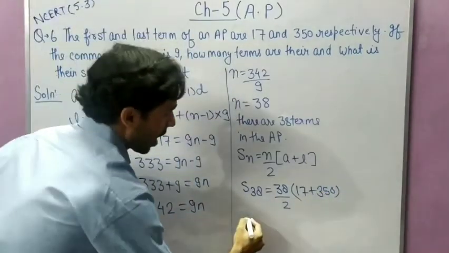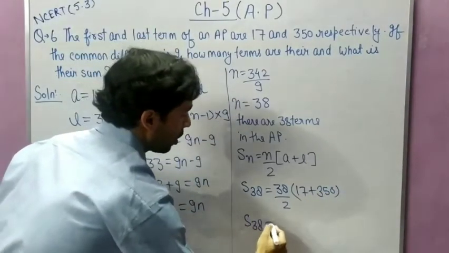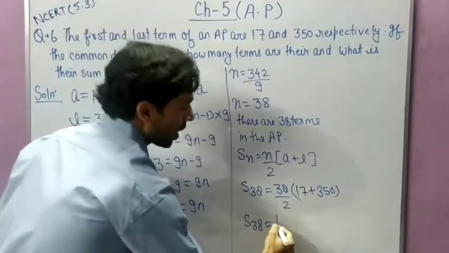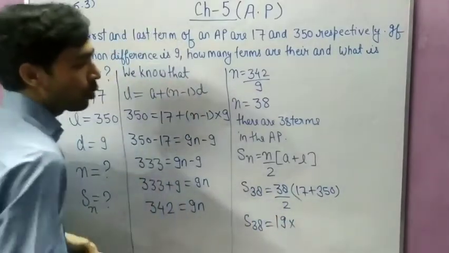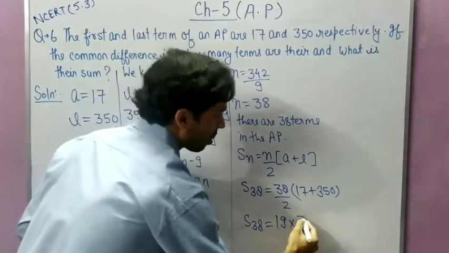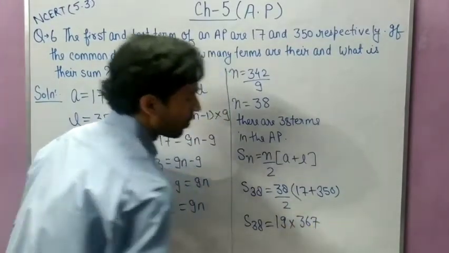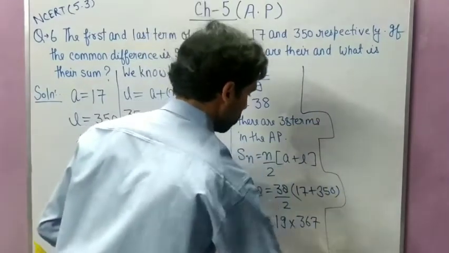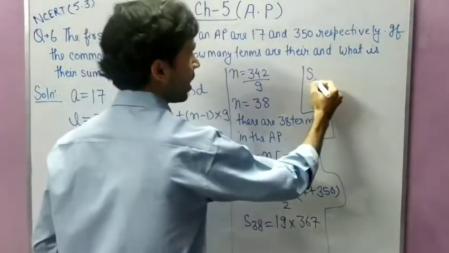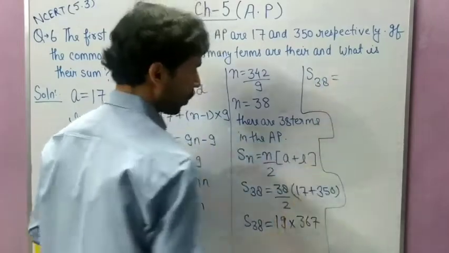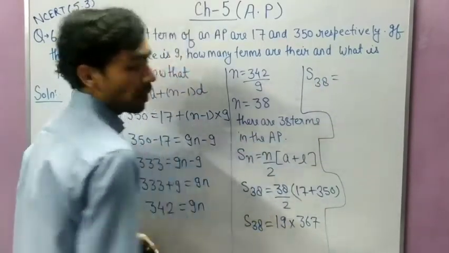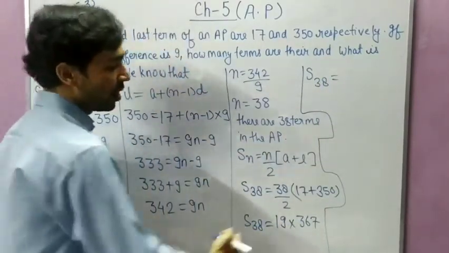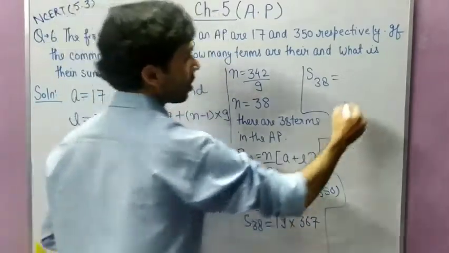So S38 is equal to, now 38 by 2 will be 19 into 350 plus 17, 367. So S38 will be equal to 19 multiplied by 367.